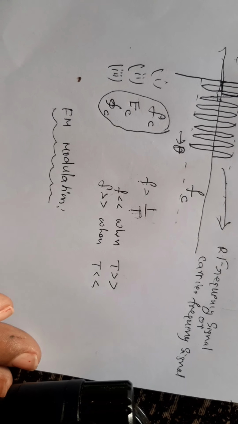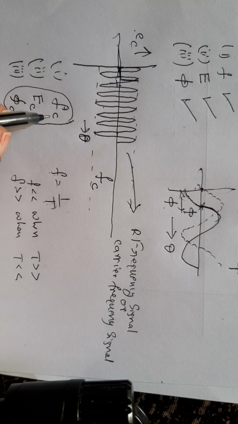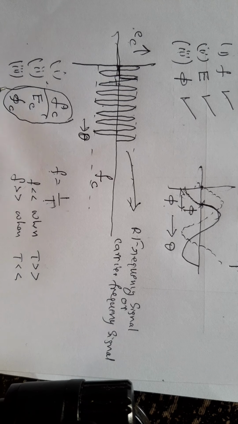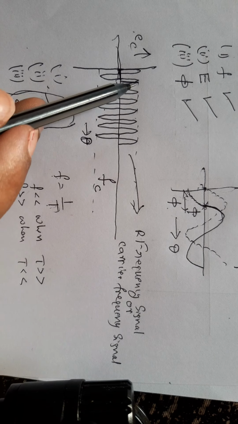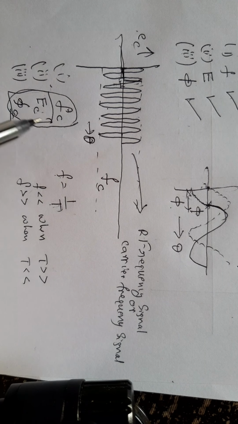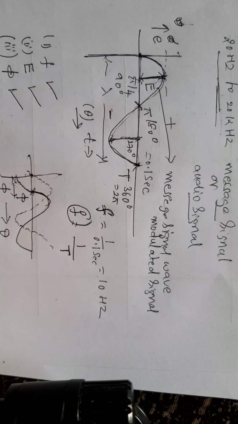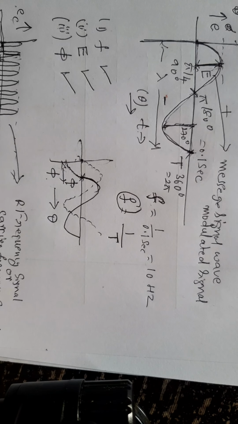See here, since the high frequency signal has three characteristics, F, E and phi, first I will keep EC and phi C, that is the amplitude of the carrier signal and the phase angle of the carrier signal, constant. And when this FC, the carrier frequency, is changed in accordance with the amplitude of this modulating signal, it is called frequency modulation.